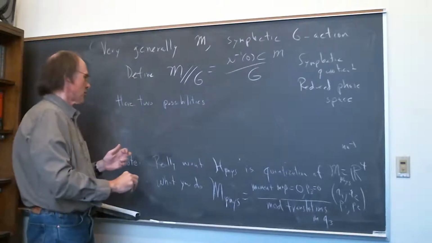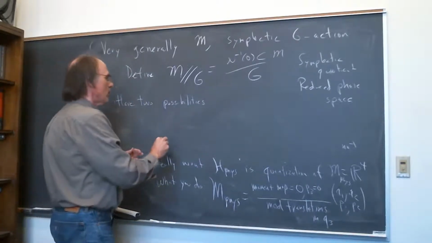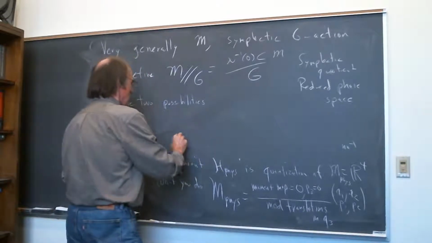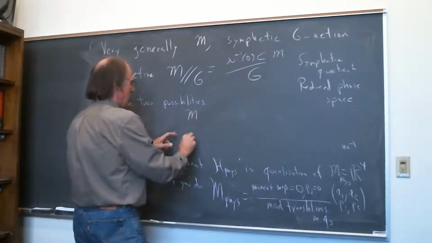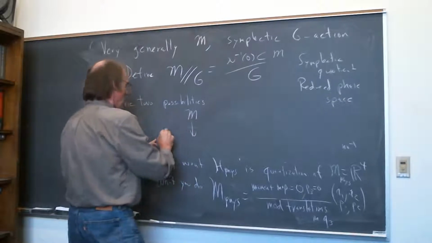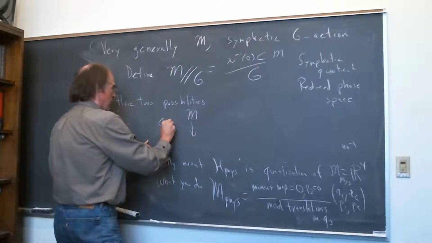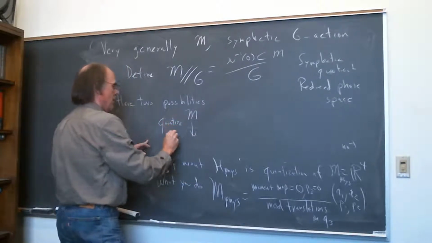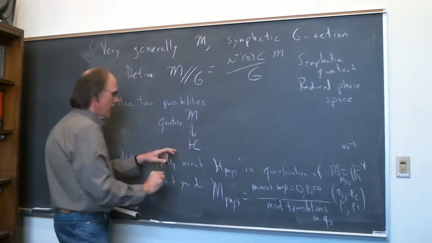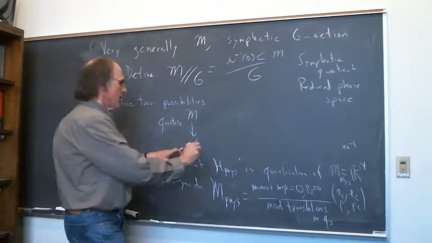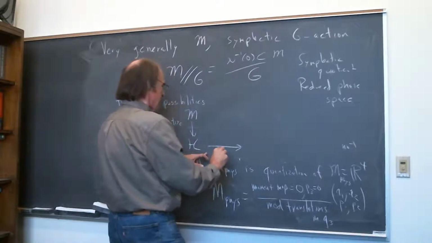Maybe so you can take, if you're M, you can quantize and get state space. Then what you can do is take invariants.